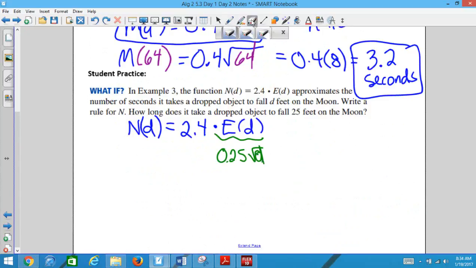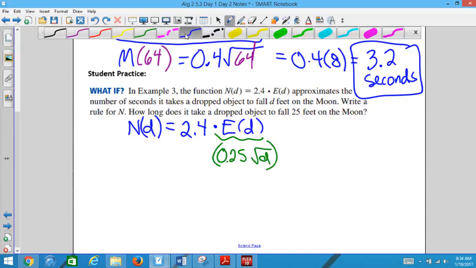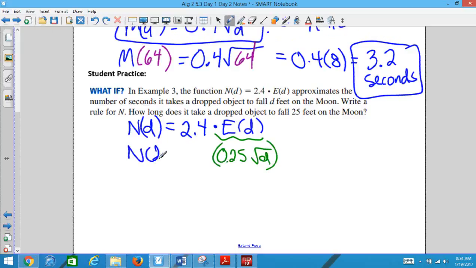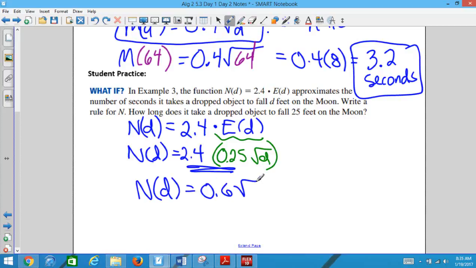I'm substituting that in right there. So now I have n of d equals 2.4 times 0.25 square root of d. Then we multiply this stuff together, and we get n of d is equal to 0.6 square root d.